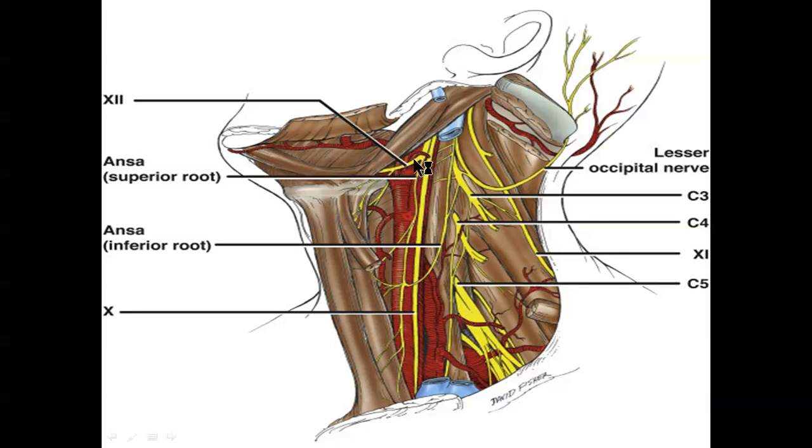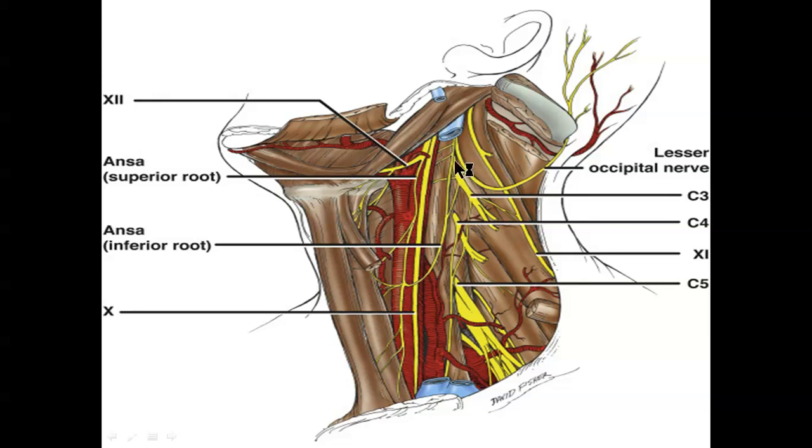This is our hypoglossal nerve over here, cranial nerve 12. Now this is the superior root of the ansa cervicalis coming from the hypoglossal nerve, joining the inferior root of the ansa cervicalis. The inferior root is formed by C2, C3, C4.